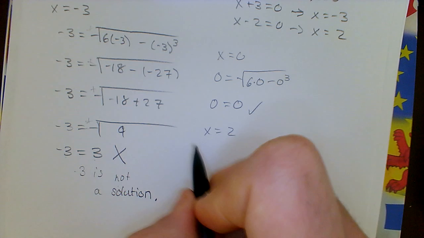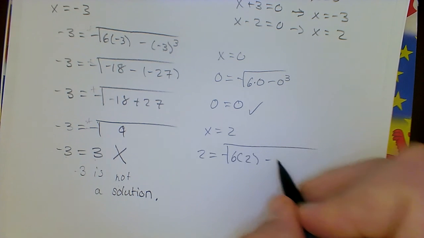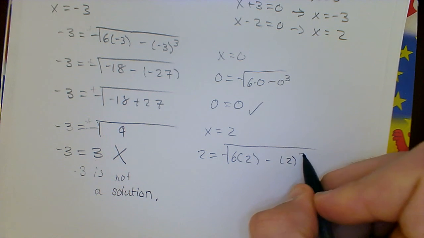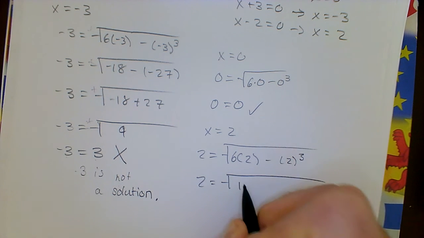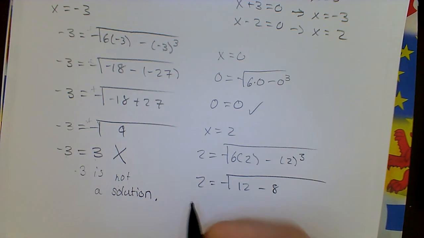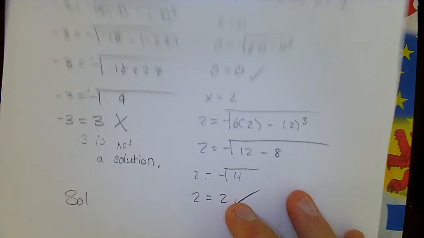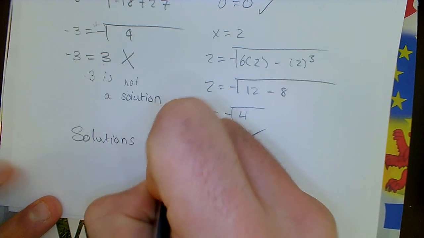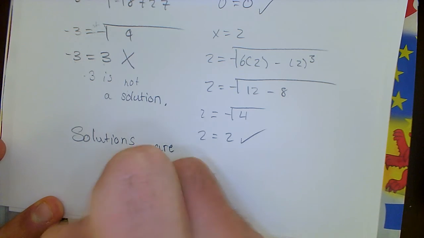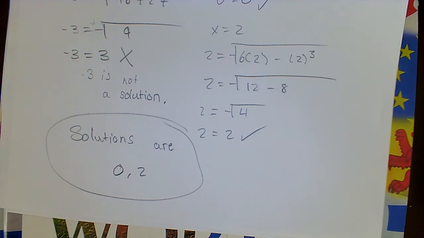Let's try x equals 2. 2 is equal to the square root of 6 times 2 minus 2 cubed, so the square root of 12 minus 8, the square root of 4, so 2 is equal to 2. That checks. So the solutions are 0 and 2, because negative 3 was eliminated.